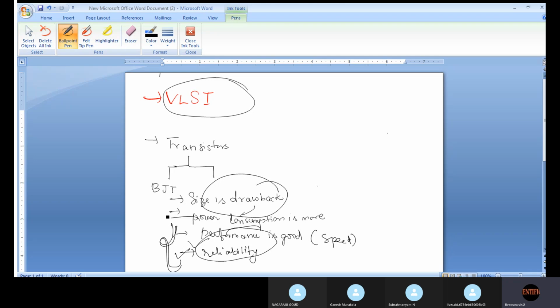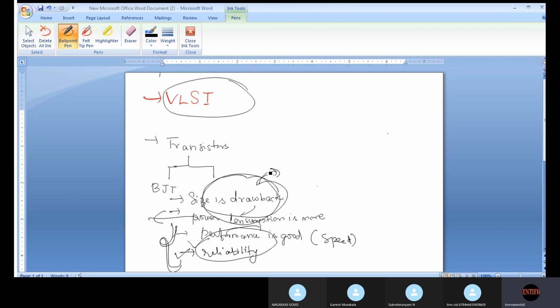Power consumption is also very important, but size is the drawback, and we cannot carry such huge devices everywhere we go. That is the major drawback.